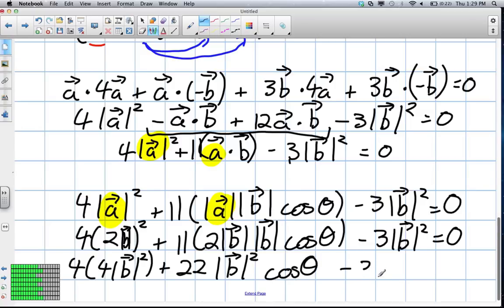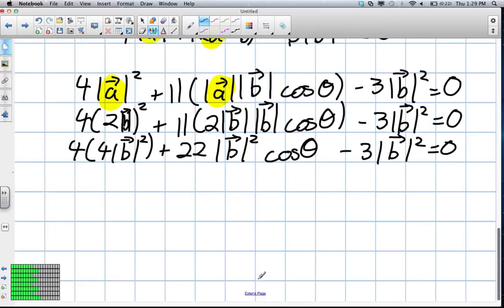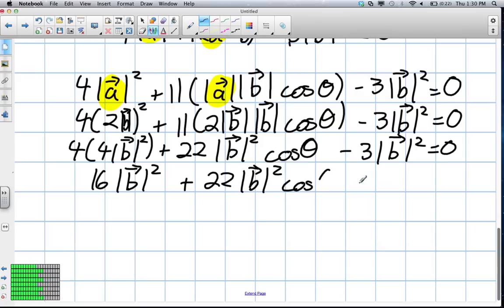And our last one, we have 3 times the absolute value of B squared equals 0. This becomes 16B squared plus 22B squared times cos theta minus 3B squared is equal to 0. You guys follow so far?